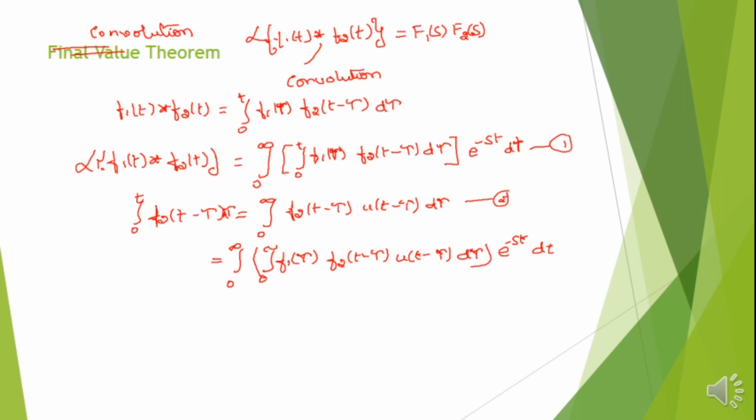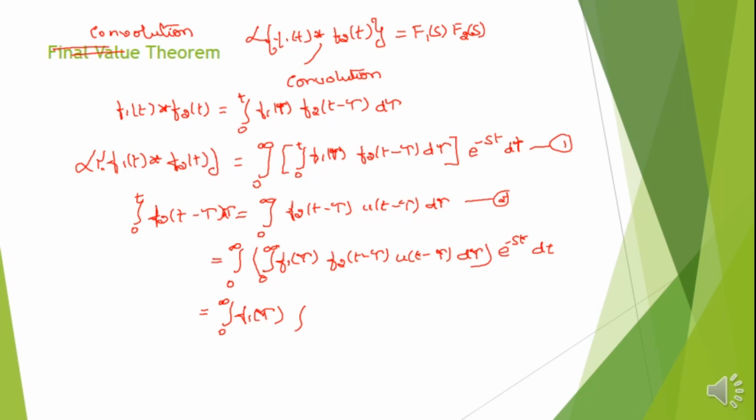So here there is a double integration, one with respect to tau and one with respect to t. As a double integration with respect to two different variables, we can interchange this. So by interchanging, I will take the integral with respect to tau outside, so f1 of tau, since it is only with respect to tau, is not a part of the t integration.